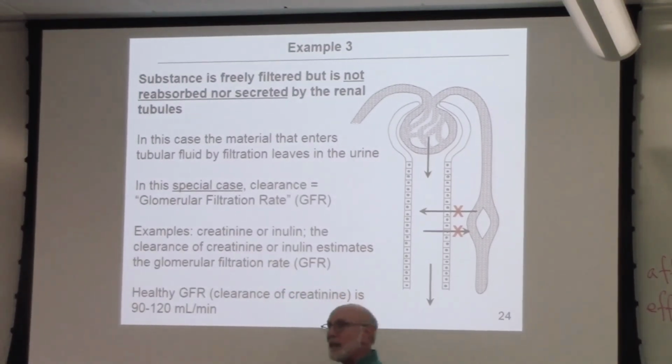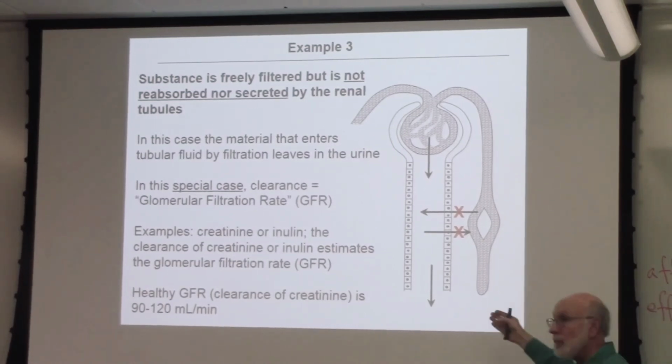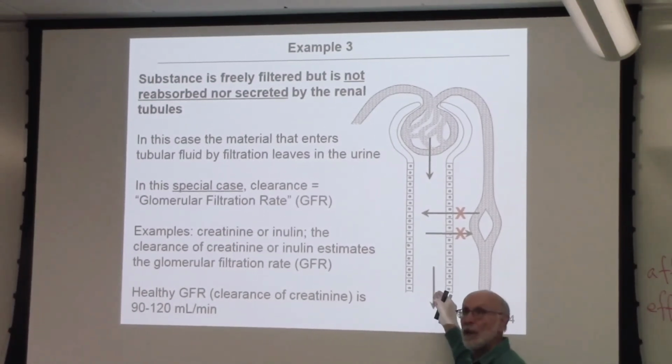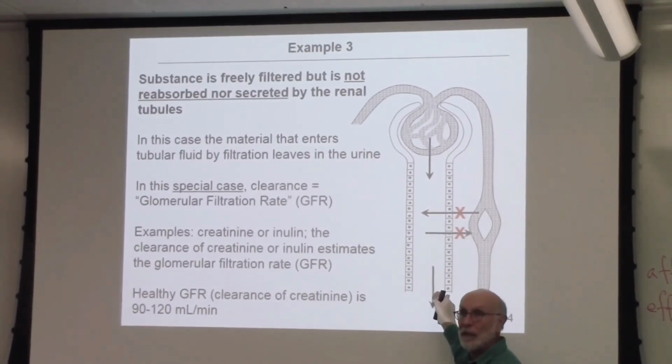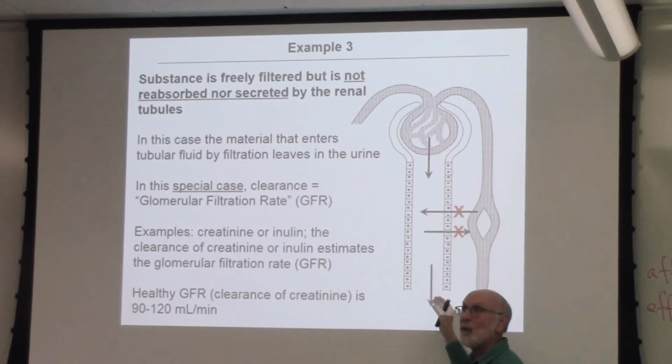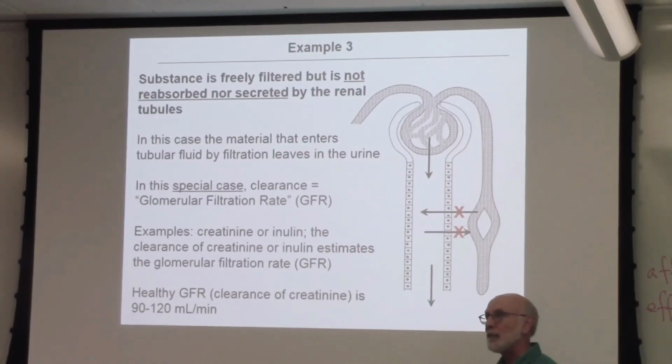So we could measure creatinine clearance, because we could measure the flow rate of urine, V dot. We could measure the urinary concentration of creatinine. That would give us the excreted load of creatinine. And we could measure the plasma concentration of creatinine in a blood draw. And by dividing the excreted load by the plasma concentration, that would calculate the creatinine clearance.